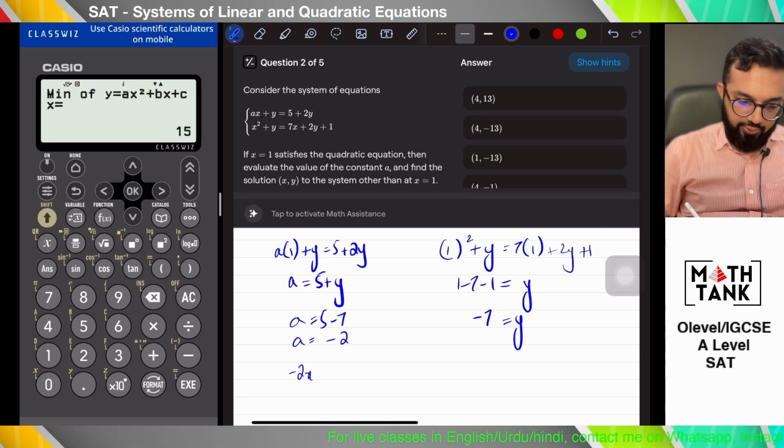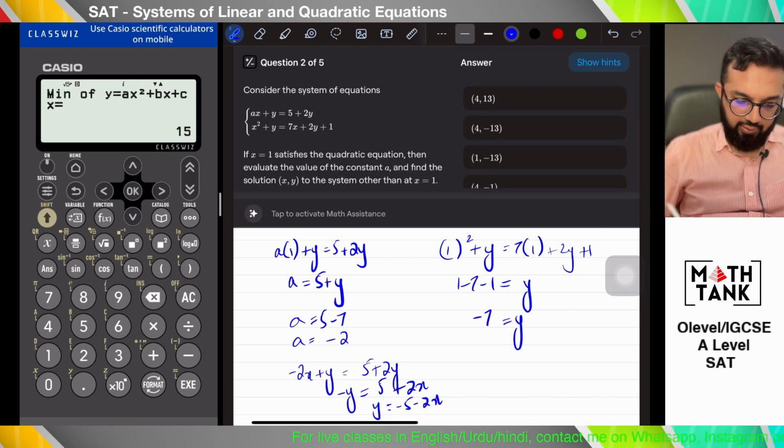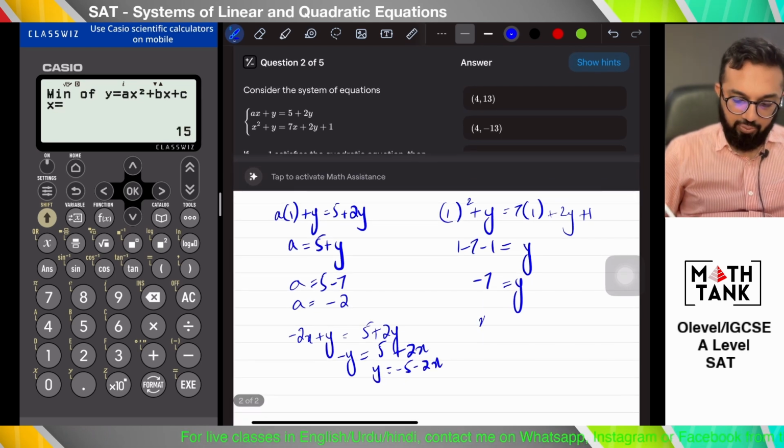So again, minus 2x plus y equals 5 plus 2y. And I get minus y equals 5 plus 2x. So y equals minus 5 minus 2x. Let's substitute y in the other equation now.